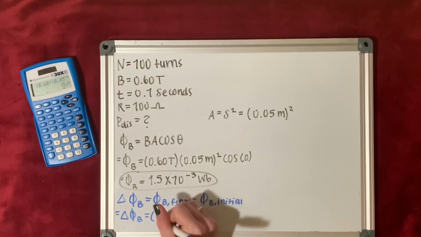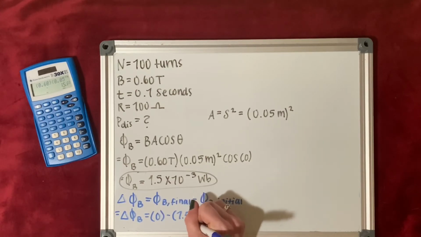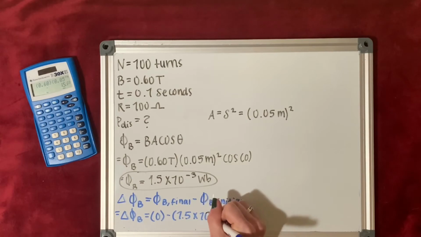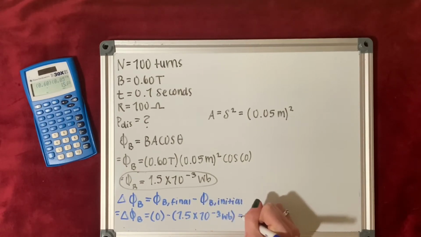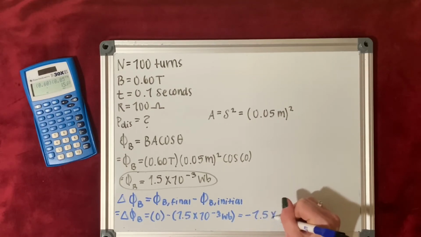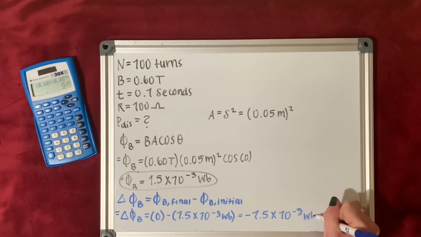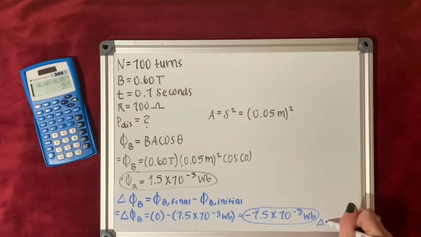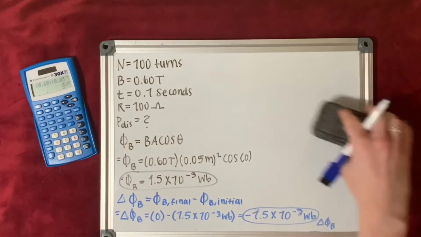The final flux minus the initial flux is 0 minus 1.5 times 10 to the negative third Weber, which equals negative 1.5 times 10 to the negative third Weber. That's the change in magnetic flux. Okay, I'm just going to erase some stuff really quickly to make room.